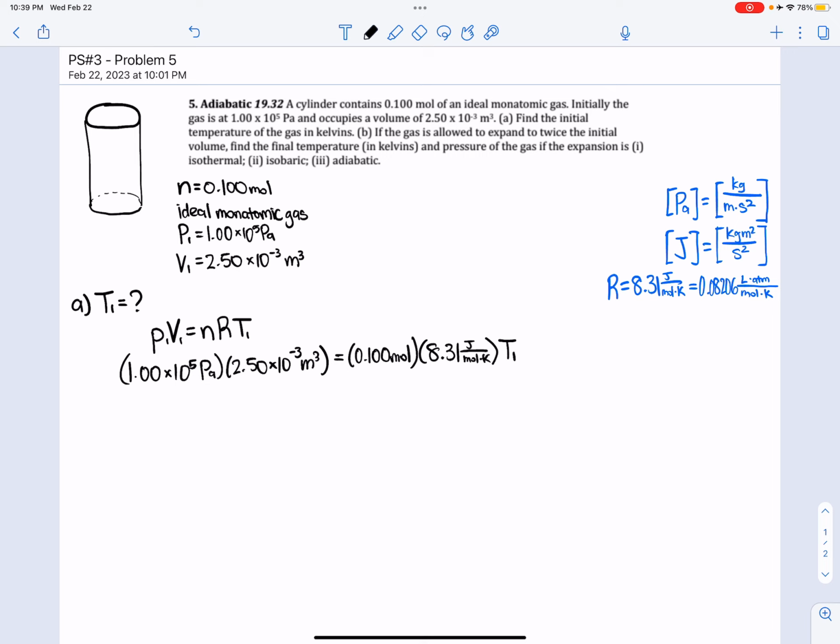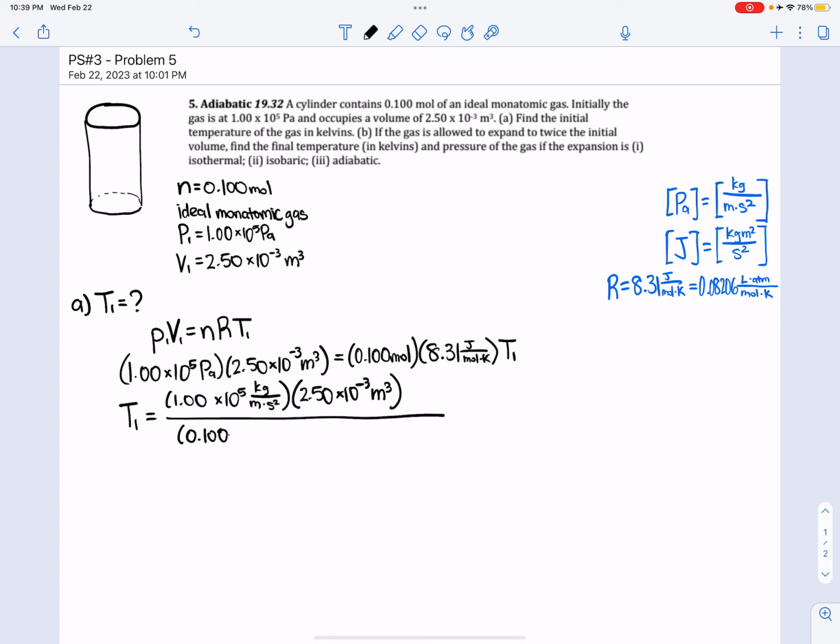Okay, so T1 will be equal to my pressure, 1 times 10 to the 5th, instead of pascals converted to kilograms over meters times second squared, times my initial volume, 2.50 times 10 to the negative 3 cubic meters, divided by the number of moles, 0.1 moles, times my R constant, converted from joules to kilogram meter squared over second squared, so 8.31 kilogram meter squared over second squared.